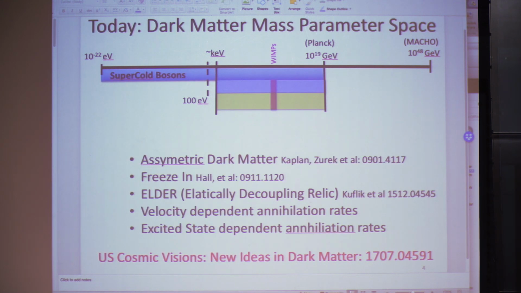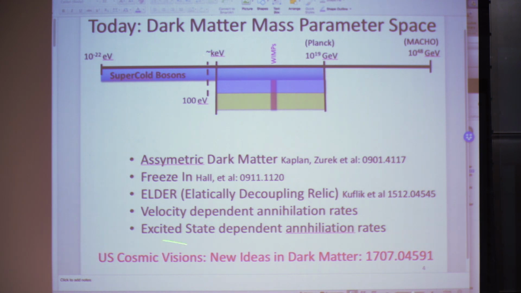There's this vast region all the way down to 10 to the minus 22 eV in mass, where we could have ultra cold bosons, and then all the way up to 10 to the 48 GeV. And we really want to design experiments to search this entire range. And in particular, I actually try to think about how to build experiments from 1 GeV down to something like 10 meV. That's the range where I try to play.